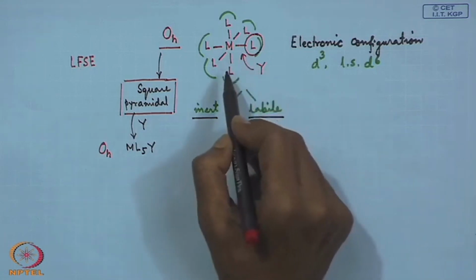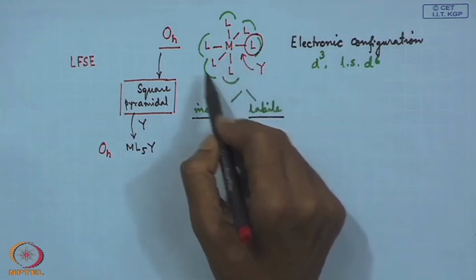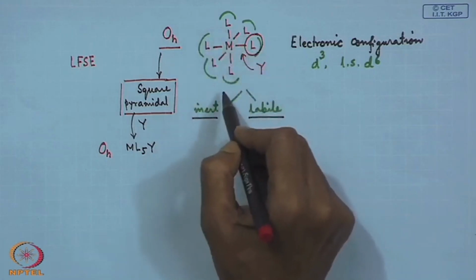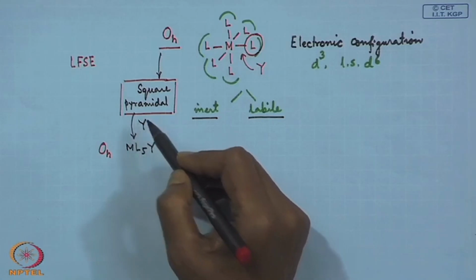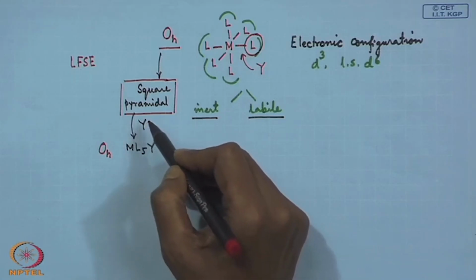That means the interaction with the d electrons and the different d orbitals would be different, and we get a different amount of stabilization due to the new square pyramidal geometry which is forming.